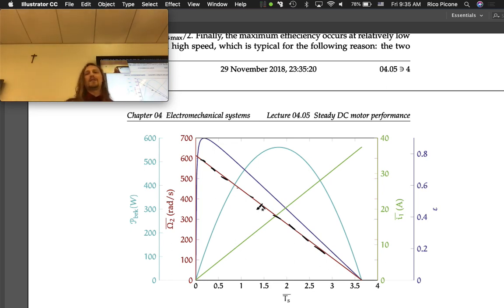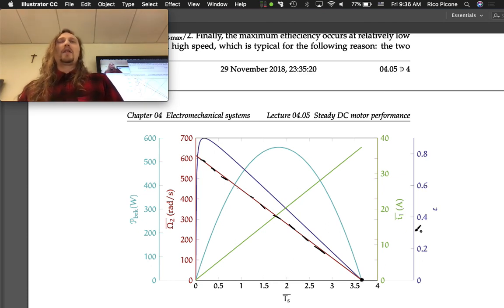So you see that as the brake torque increases up to about 3.6, the angular velocity of the output shaft is going to linearly decrease to 0. And that means that it can't deliver more than that amount of torque.